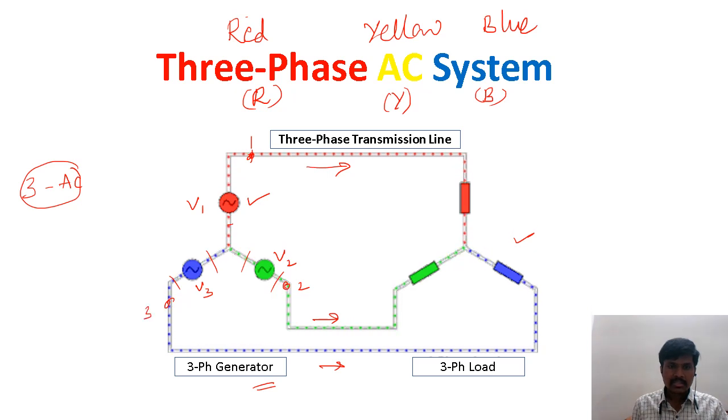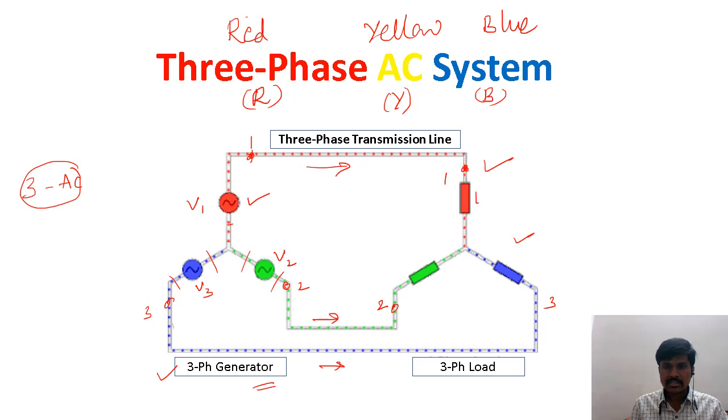That means this three-phase generator has three output terminals, and we connect a three-phase load which also has three terminals 1, 2 and 3.